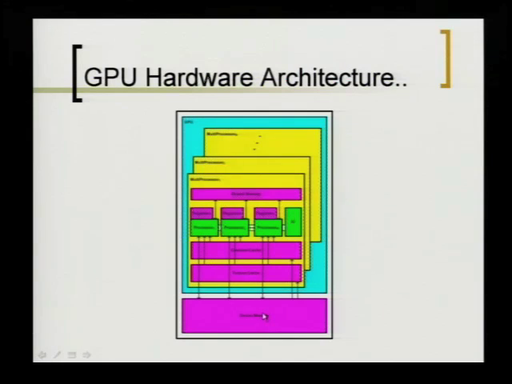Each multiprocessor consists of multiple banks of thread processors. Within a bank, those thread processors can talk to constant cache, texture cache, and shared memory, and also have access to their own register bank. And notice here that you have a single instruction unit that is communicating with all of the thread processors. So this is truly single instruction, multiple thread processing.